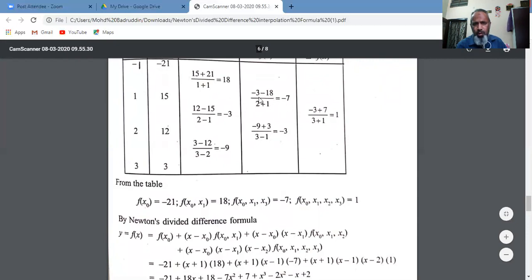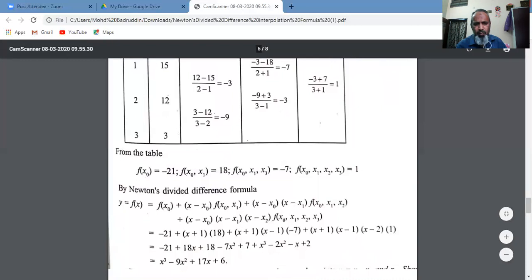Here the top values are used: this is f of x0, this is the first divided difference, this is the second, and this is the third divided difference. So minus 7. After this, (x plus 1)(x minus 1)(x minus 2) times the third divided difference, which is 1. After that, we cannot use the formula.